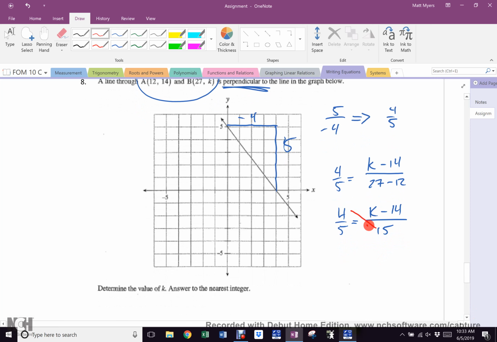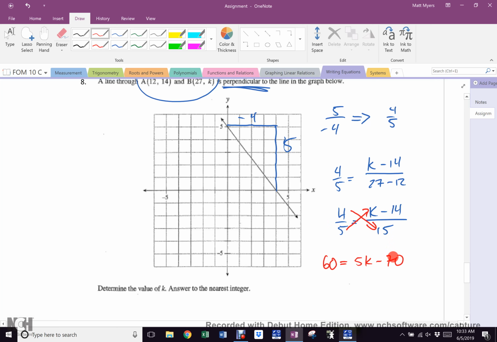Cross multiply. What's 4 times 15? 60 equals. What's 5 times k? Minus? What's 10 times 5? 50. What's 4 times 5? 20. What's 50 plus 20? 70. Now solve.